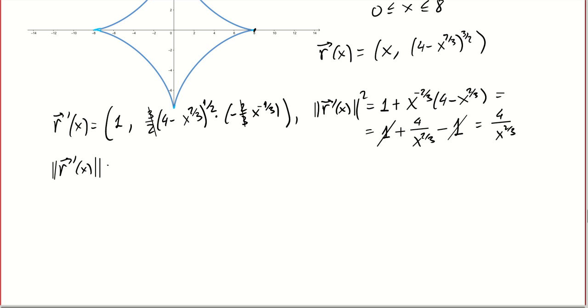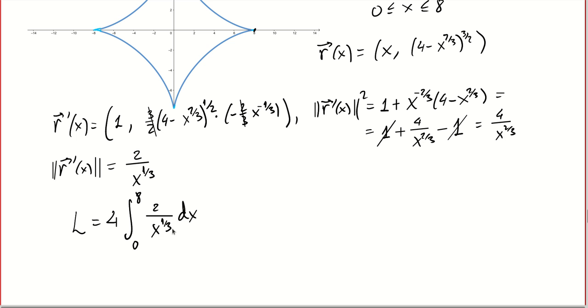The length is the square root of this, which is 2 over x to the 1/3. I don't put an absolute value here because in the interval we're dealing with, x is positive. So as I said, the length of the curve is equal to 4 times the integral of this function in the interval 0 to 8. And the function is this one.